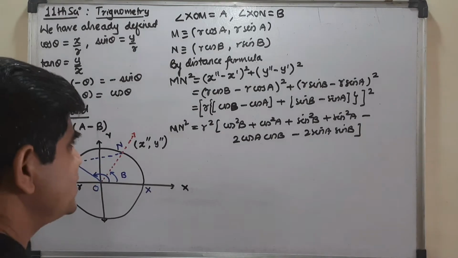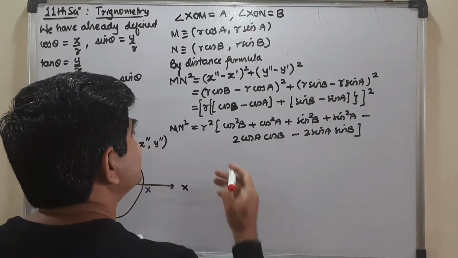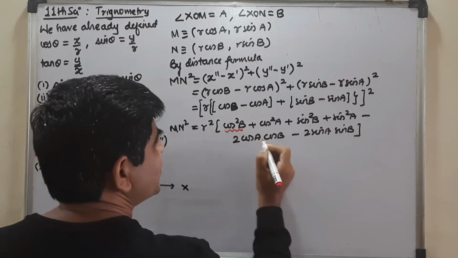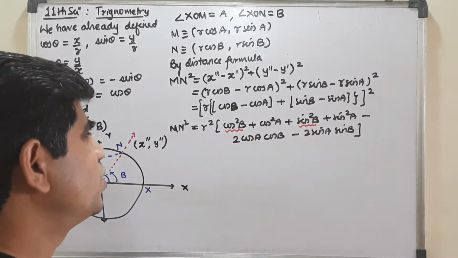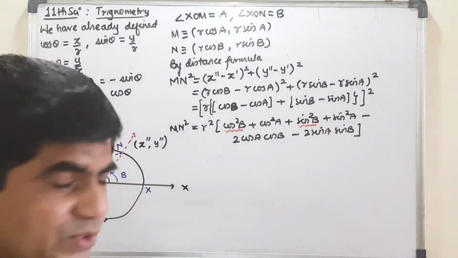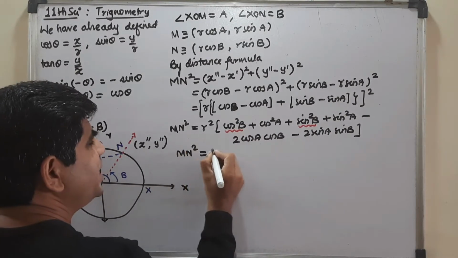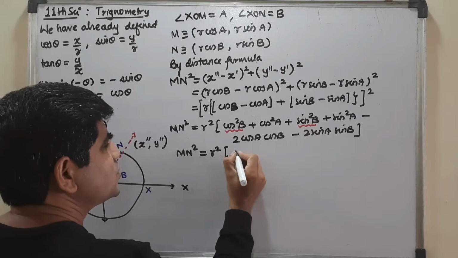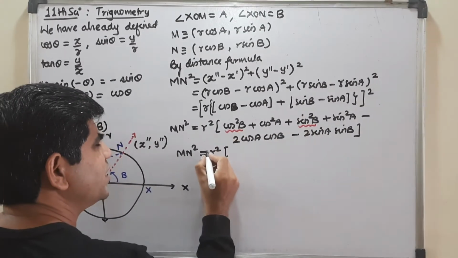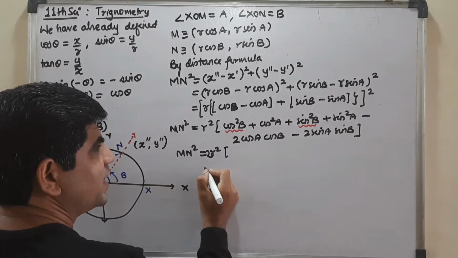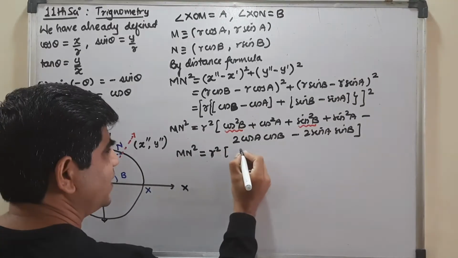Now it is very clear that if you see here, cos square B plus sin square B is going to become 1. Cos square A plus sin square A also is going to become 1. So 1 plus 1 will be your 2. If you don't want to take the 2 outside, let it be inside only, it does not matter.